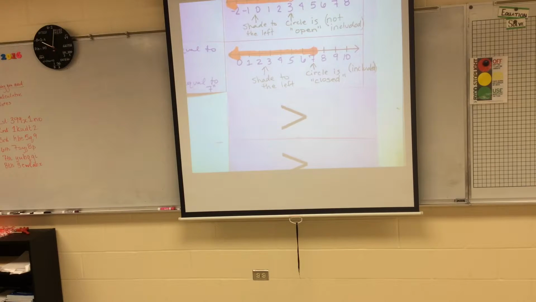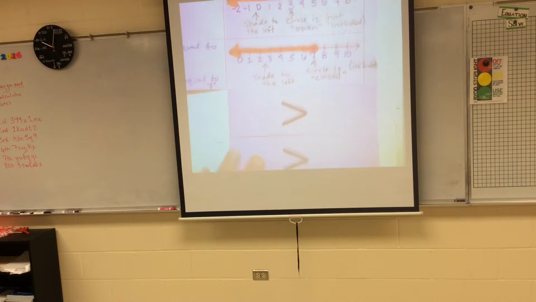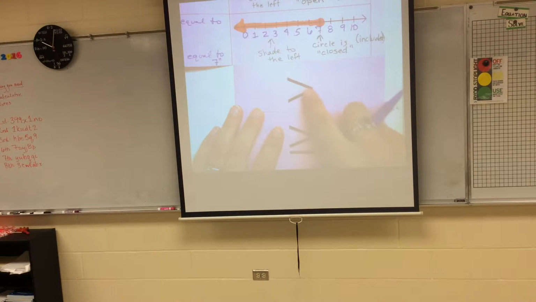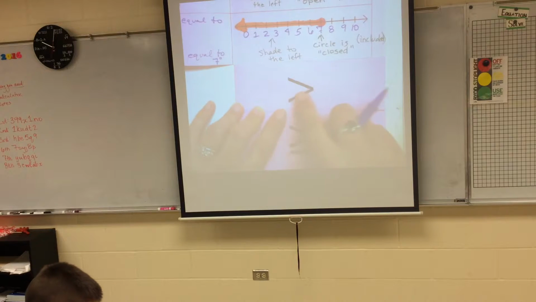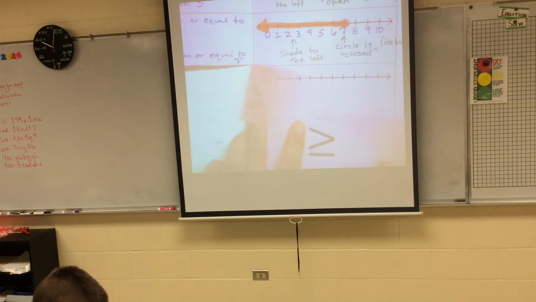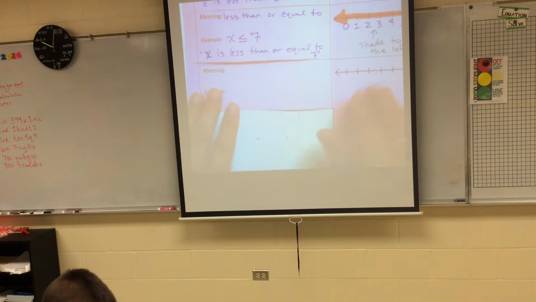All right. What about the third window? What's this symbol? Greater than. When it's pointing to the right, it's greater than. So I'm going to open that window. I'm going to write that down, greater than.